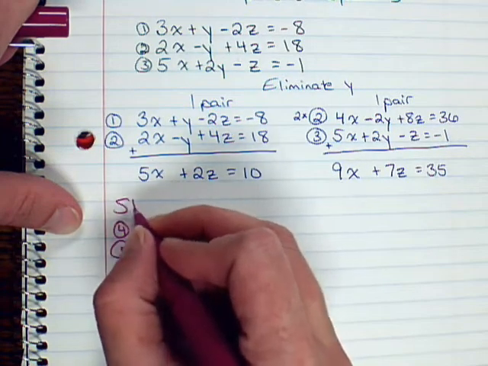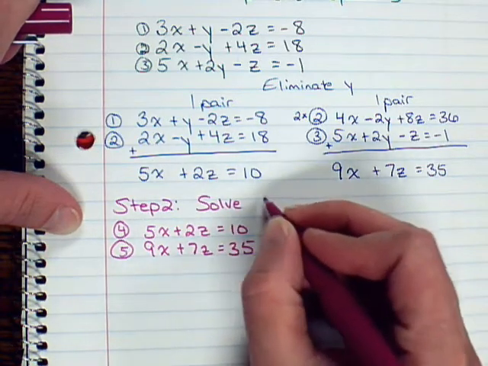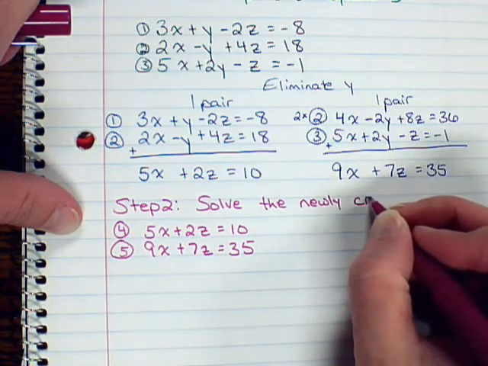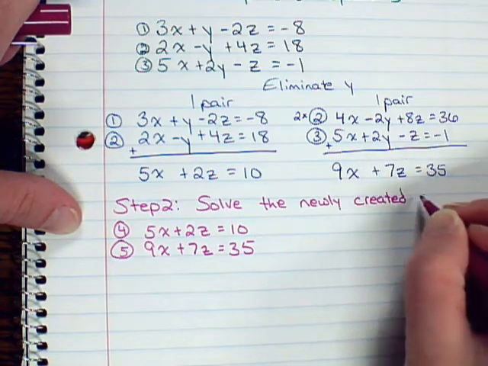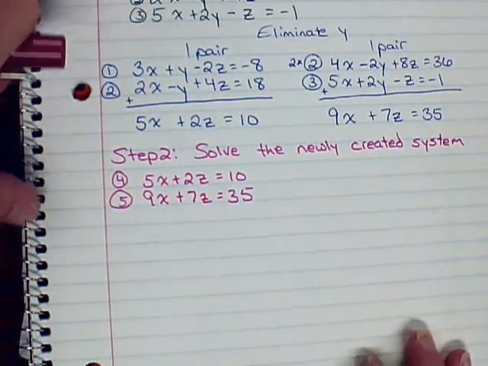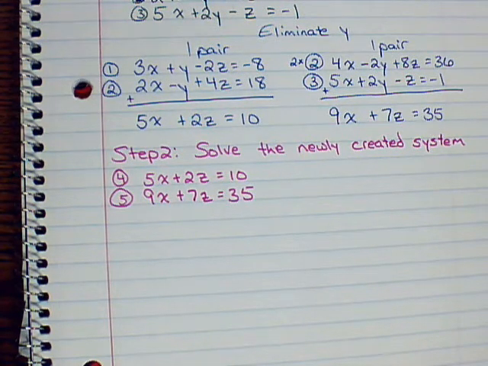So step 2 is to solve the newly created system. And you can solve it by any means. You could do substitution, you could graph it. With all these coefficients, it looks like it should be a good elimination one.